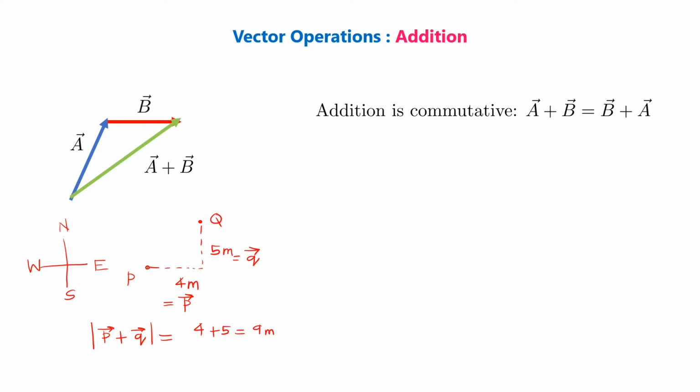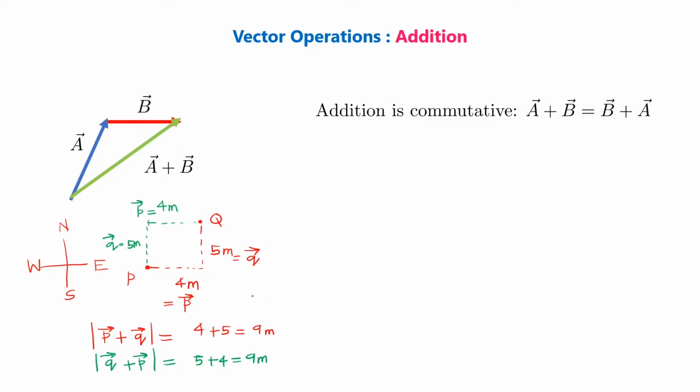Let's now consider his movement along an alternate path. He walks a distance of 5 meters towards the north first and then walks a distance of 4 meters towards east. So this is vector Q and this is vector P, so that the displacement now is vector Q plus vector P. This is equal to 5 plus 4, which is equal to 9 meters.